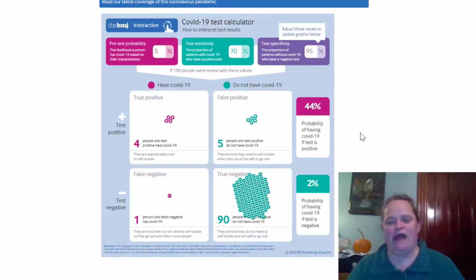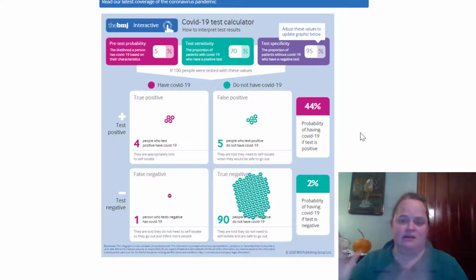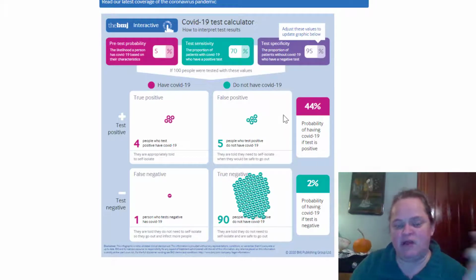So let's take a look at what happens with the same 70% and 95%. Of the 5 people who have COVID, 4 of them actually test positive and 1 tests negative. Now here is the interesting part.